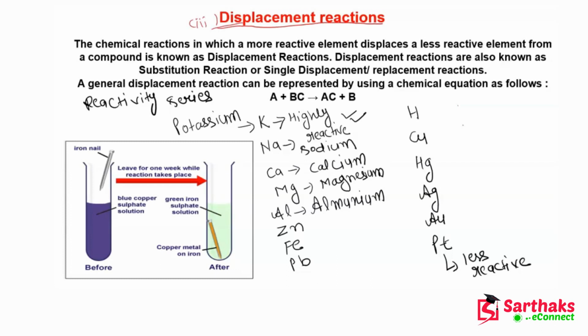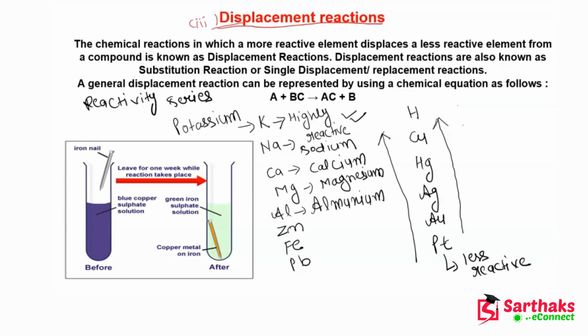On the other hand, potassium is highly reactive, or you can say it is most reactive. So the reactivity is increasing from down to up. I hope you understand what a reactivity series is.